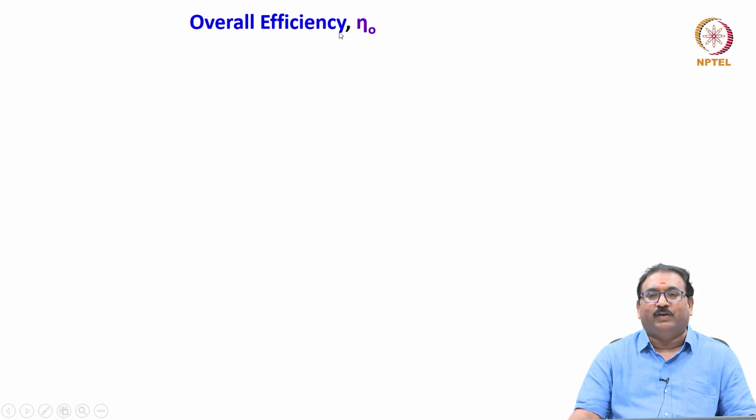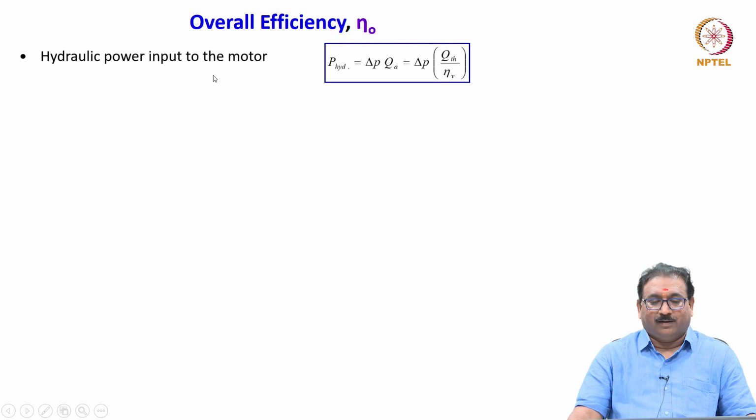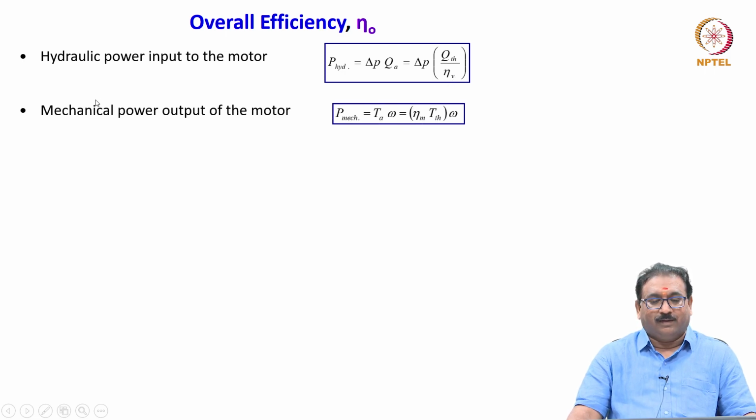Similarly, for the overall efficiency, we need to know the hydraulic power input to the motor: P hydraulic equals delta P into QA, which is delta P into Q theoretical divided by the volumetric efficiency. Then the mechanical power output of the motor is TA into omega. This actual torque TA is the mechanical efficiency multiplied by the theoretical torque.